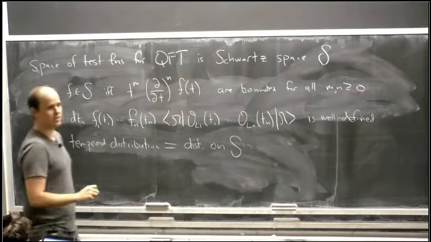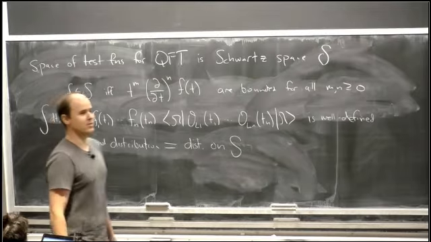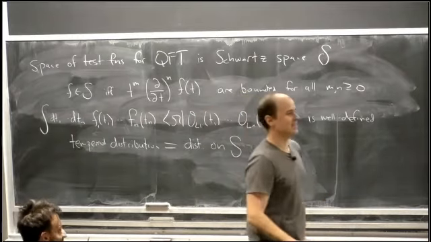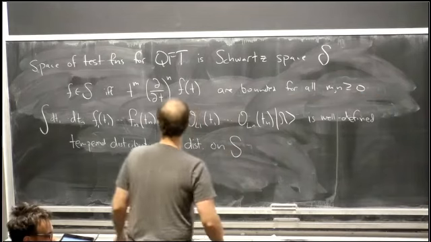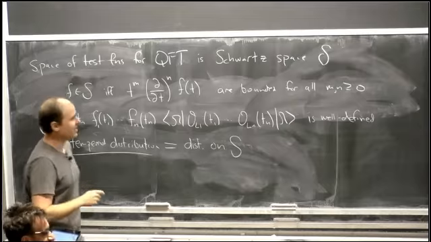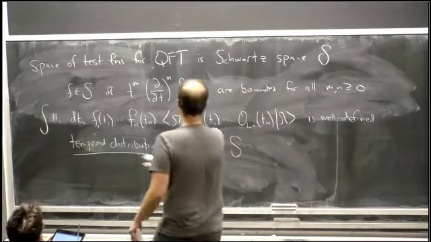Okay, so it's a fancy way of saying distributions on the Schwartz space. And if you go around saying tempered distribution, then people get really impressed. They don't know exactly what you're talking about. So I definitely recommend adopting this terminology. Okay. Yeah, good. So this is the definition of a tempered distribution.